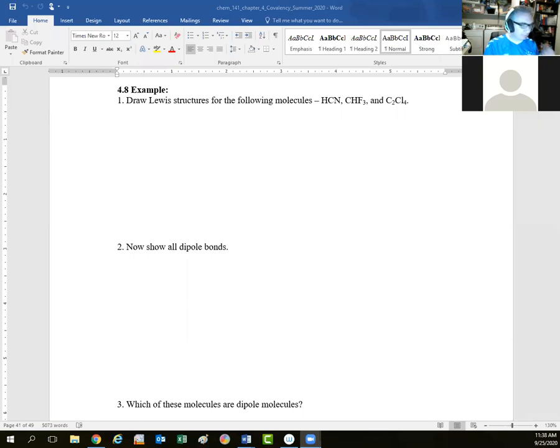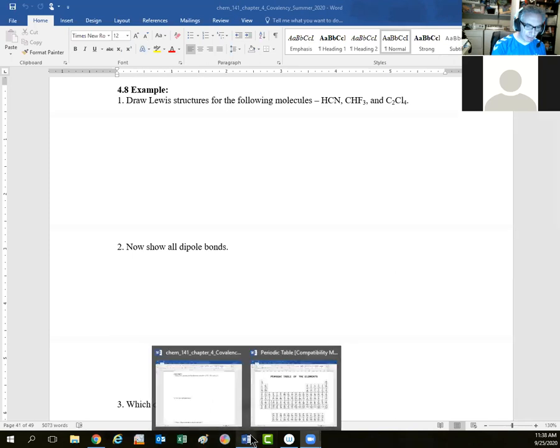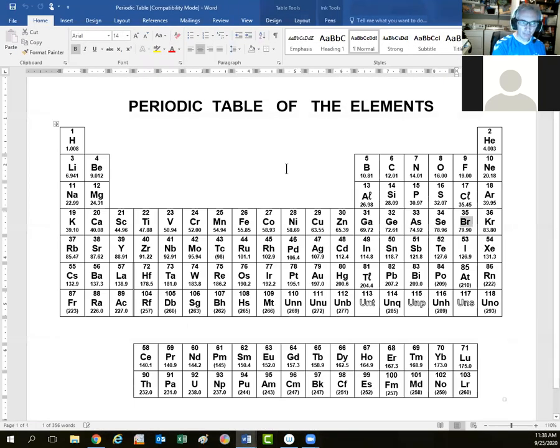And we're back. So let's take a look at those examples we had talked about before the break. First one, hydrogen cyanide, HCN. And of course we can use the periodic table to give us an electron count. For the hydrogen, it's the first element in the first row, so 1 electron.